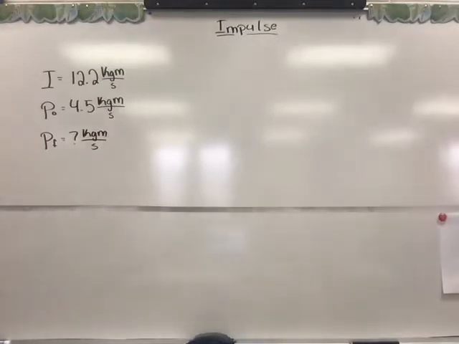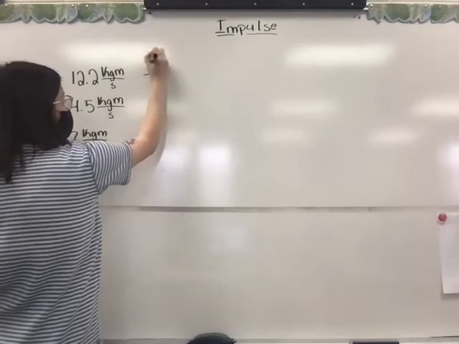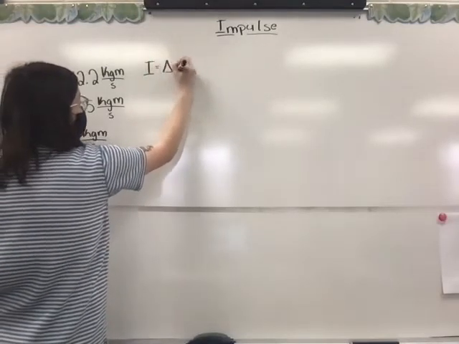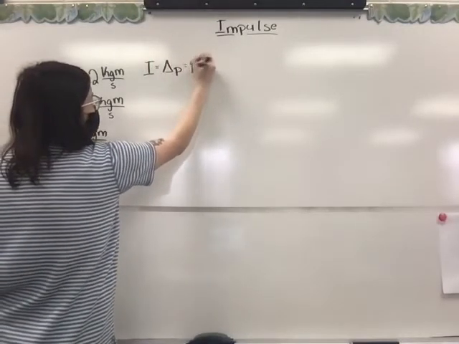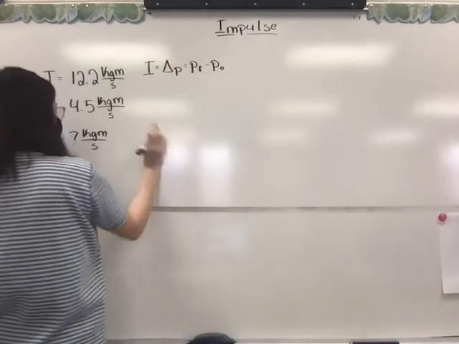So how do you guys think would be the best way to address this problem? Momentum, the change in momentum. Yeah, the change in momentum, right? So we know that impulse is the change in momentum, which is the final momentum minus the initial momentum, right?